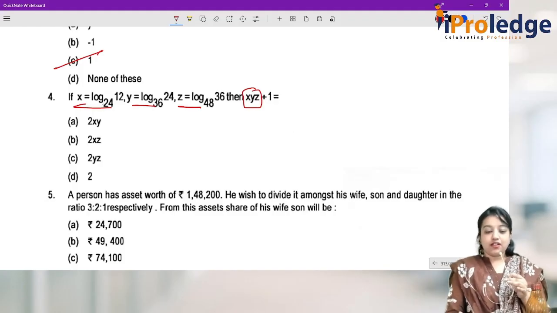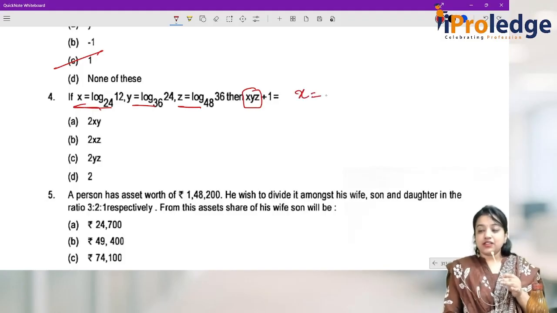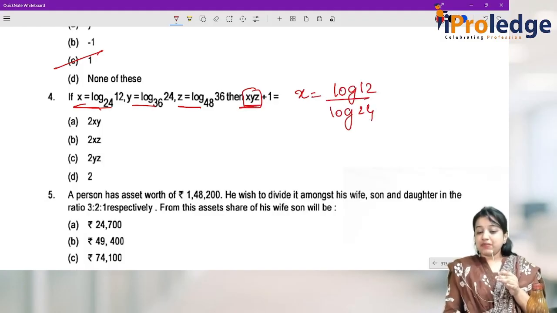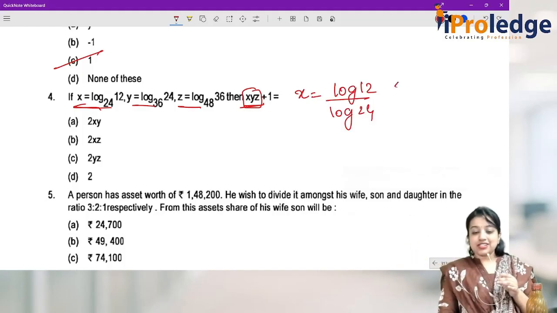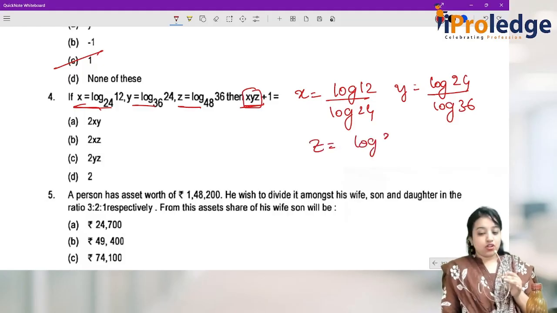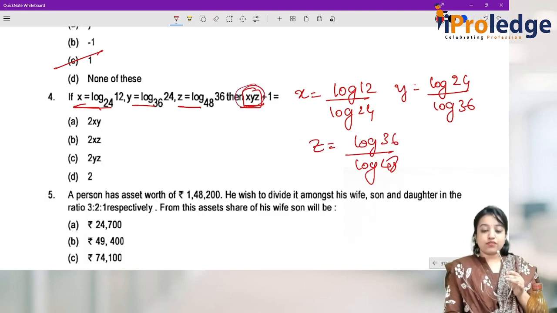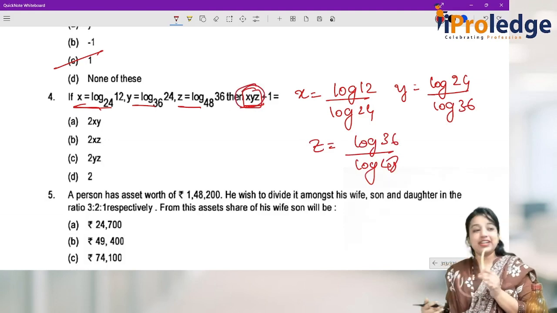You can write x as log 12 by log 24. When there is multiplication like this, take it as division. And y is written as log 24 by log 36. Z is written as log 36 by log 48. We have to multiply x, y, z and split it.